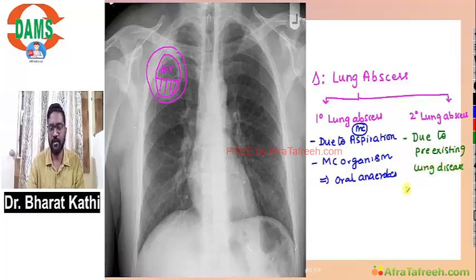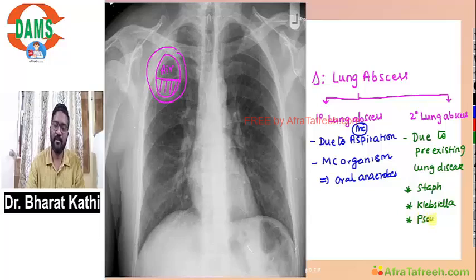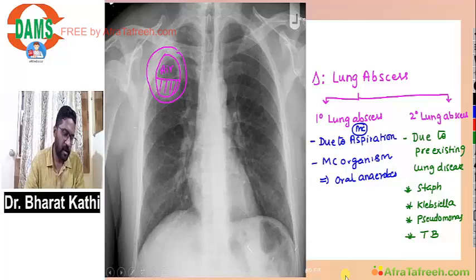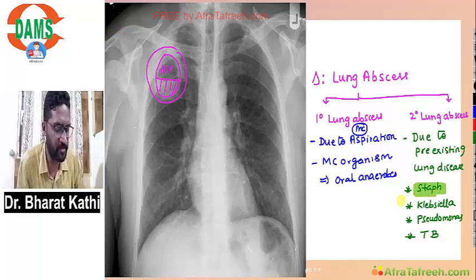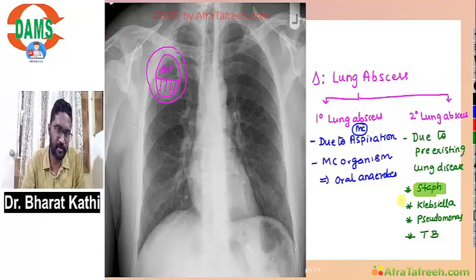So there might be a staph pneumonia, a Klebsiella pneumonia, Pseudomonas pneumonia. They can later complicate as lung abscess. Along with that, tuberculosis also rarely can present as lung abscess. Acute necrotizing pneumonia, staph is a very common cause of necrotizing pneumonia.